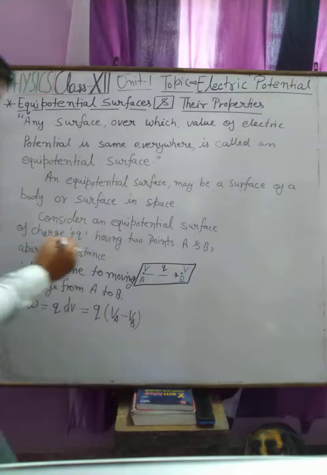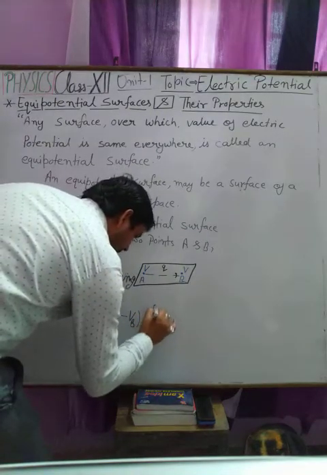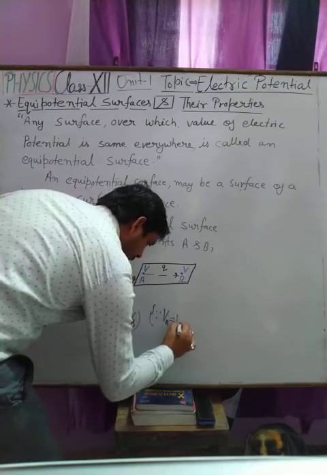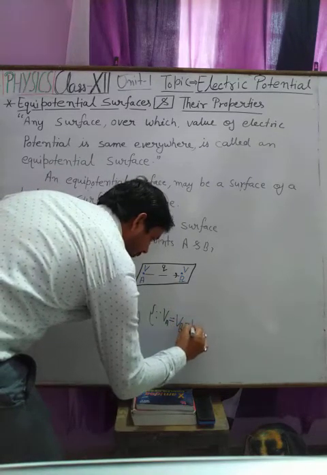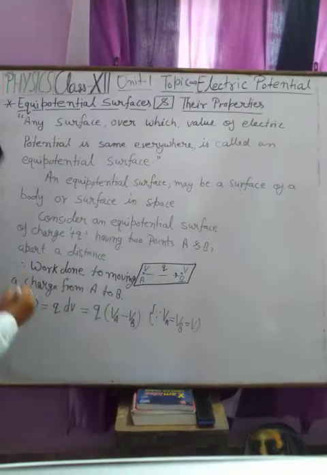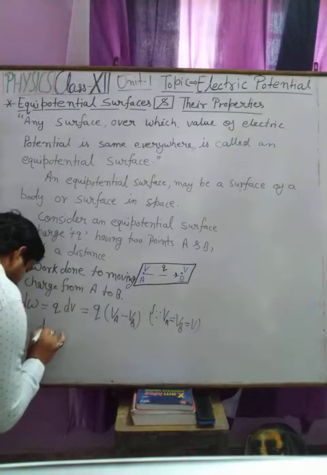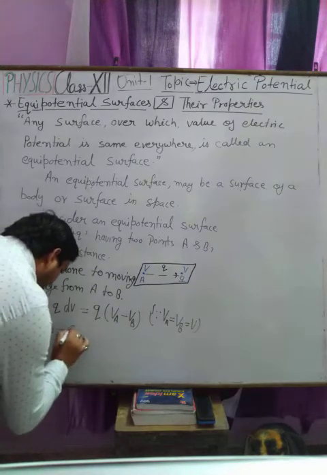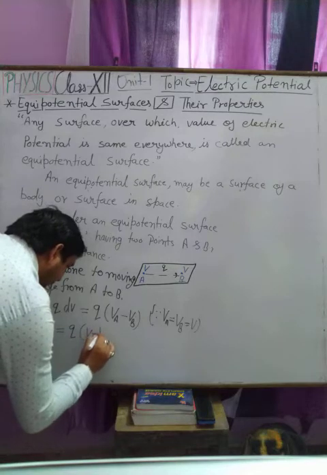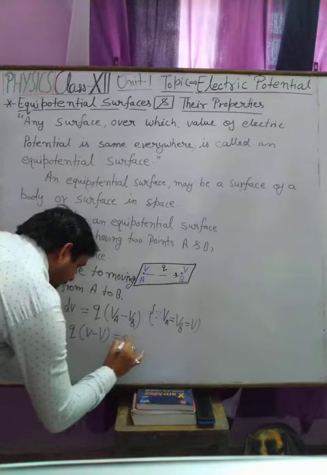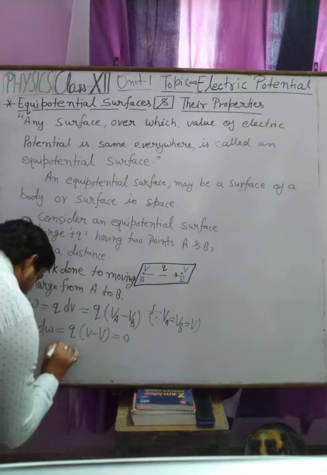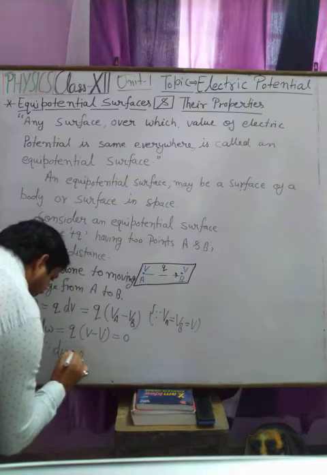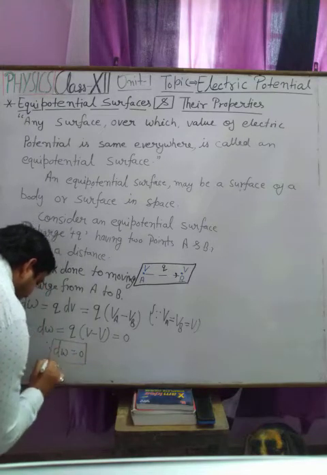But we have VA equal to VB equal to V. Therefore, work done is equal to Q times (V minus V), which is 0. That is, the work done in moving a charge on an equipotential surface is 0.